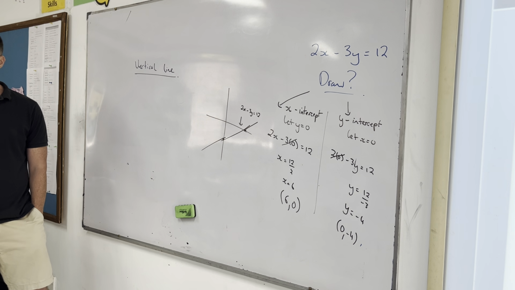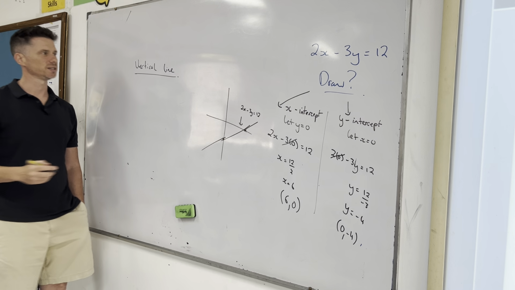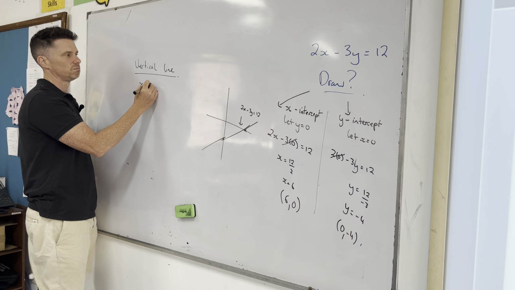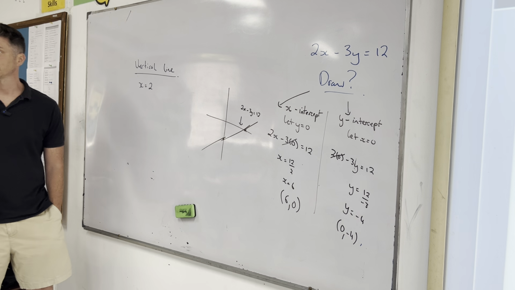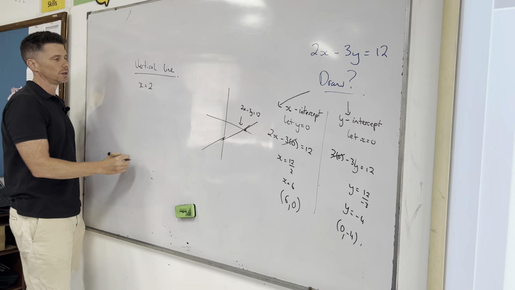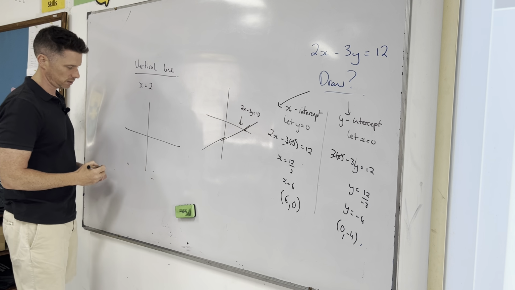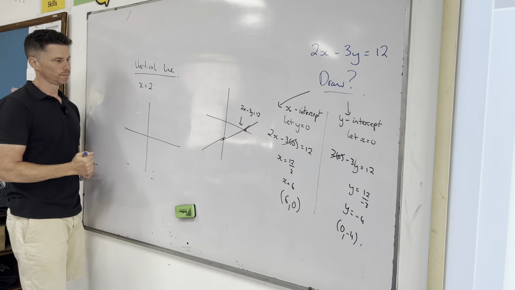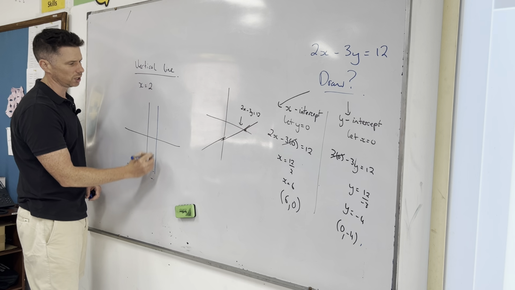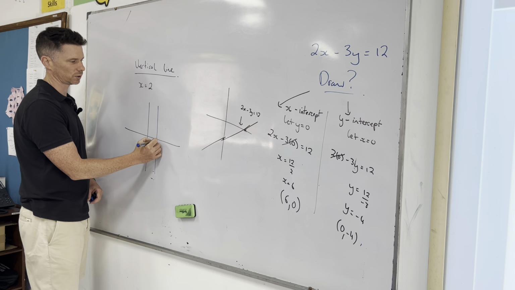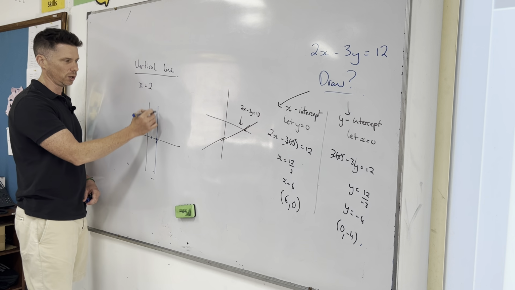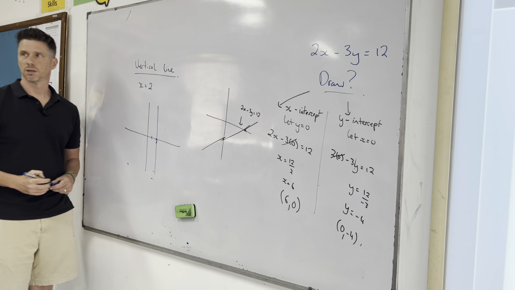What will it read? Yes, x is equal to something. So x is equal to 2 is an example of one. Why does that make a vertical line? Yeah, because all along this line, if it crosses the x-axis at 2, all the x values of this are 2.